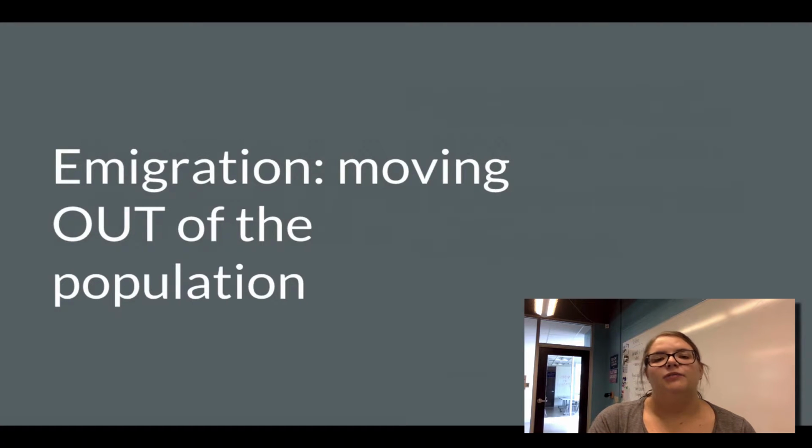Emigration with an E is when individuals move out of the population. So this would be like maybe we start building stuff in Marysville and squirrels are now moving out of Union County. That's emigration. And you can remember emigration with an E, exit with an E. So with emigration, they're individuals exiting the population.